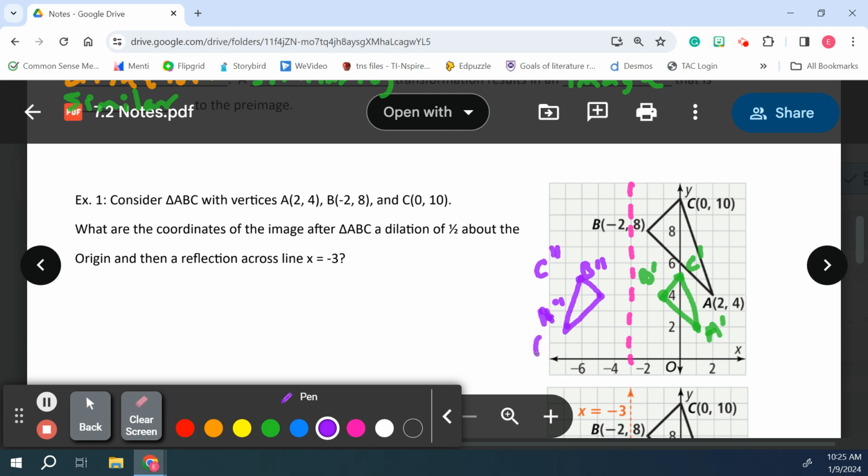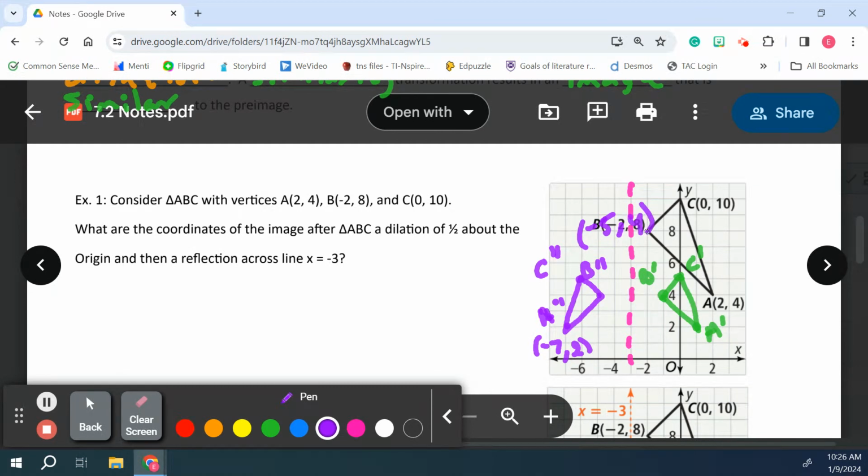So it looks like A is -7. Well, let's see, -7 up to 2. B ends up being -5 up to 4.